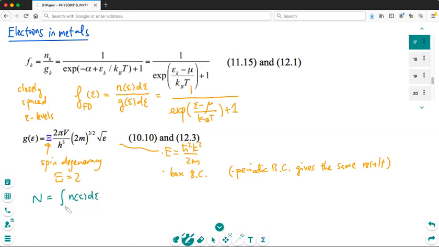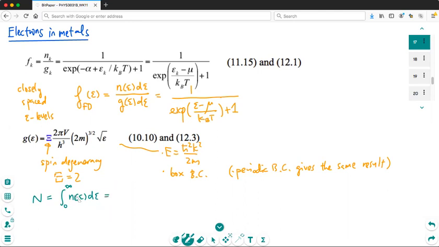I go from the lowest energy all the way to infinity. I don't know which levels will be occupied, but this will be taken care of by the Fermi function. The Fermi-Dirac function will tell me that by the time I get to some sufficiently high energy epsilon, those will be empty. So this will be taken care of by F.